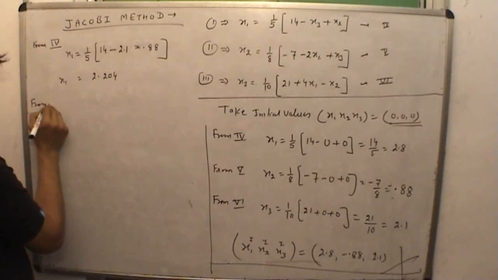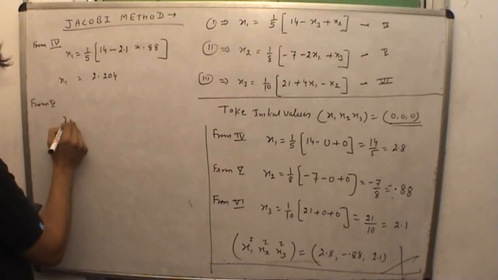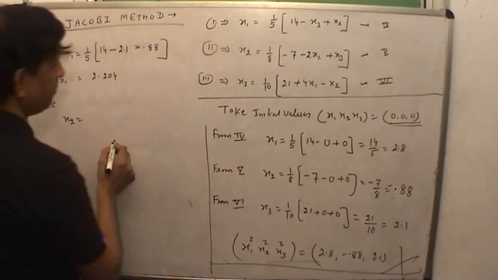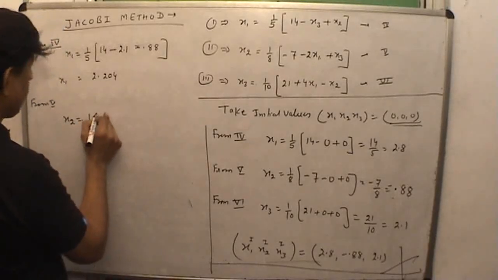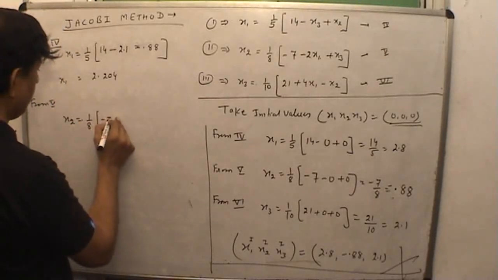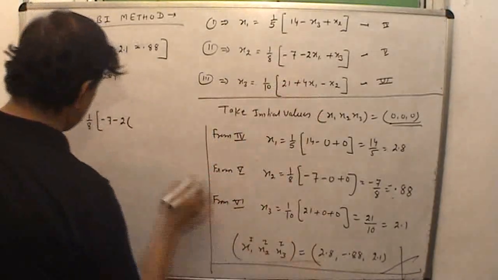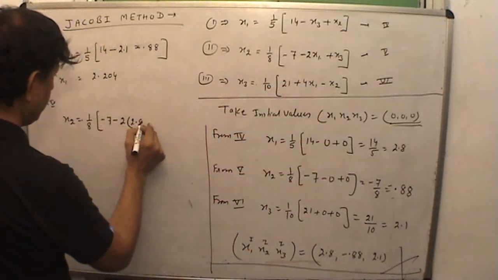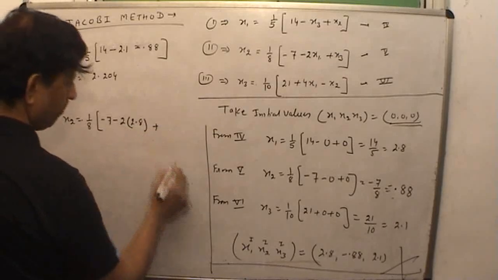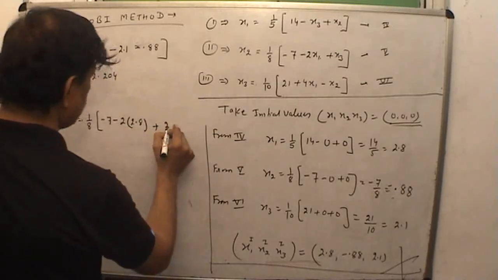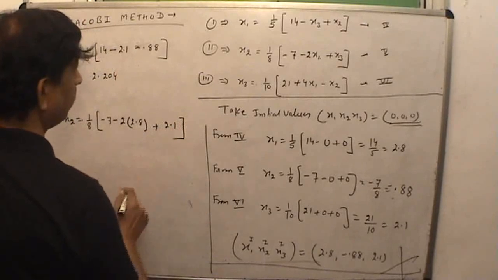From 5 we get x2 is equal to 1 by 8 into minus 7 minus 2 into x1, 2.8, plus x3, 2.1.